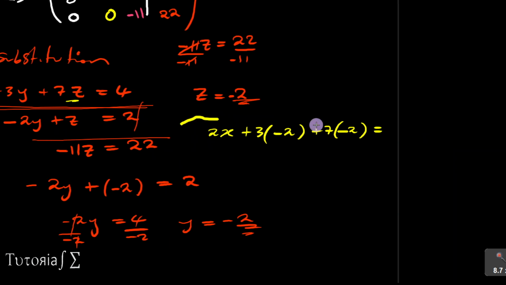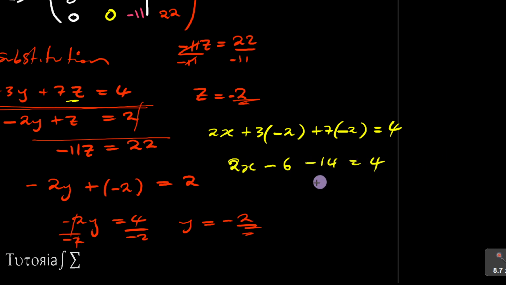Okay, let me just do this. So now we can simplify this as 2x, then this will give us negative 6, negative 14 is equal to 4.